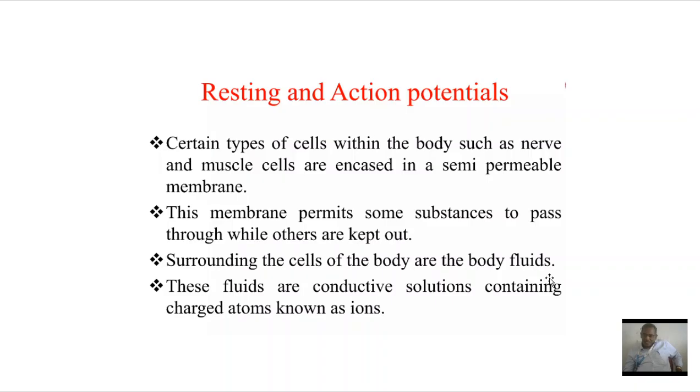This membrane permits some substances to pass through, while others are kept out. Surrounding the cells of the body are the body fluids. These fluids are conductive solutions containing charged atoms known as ions.